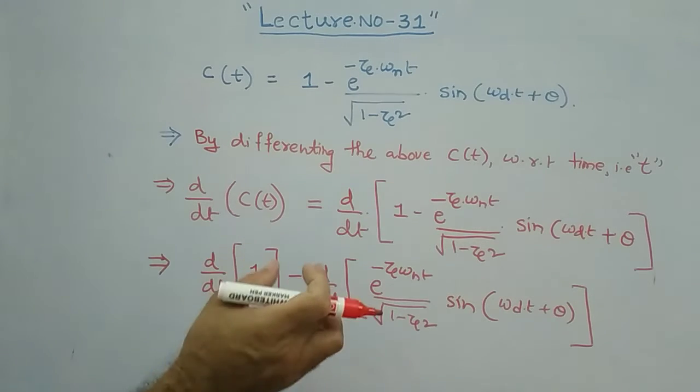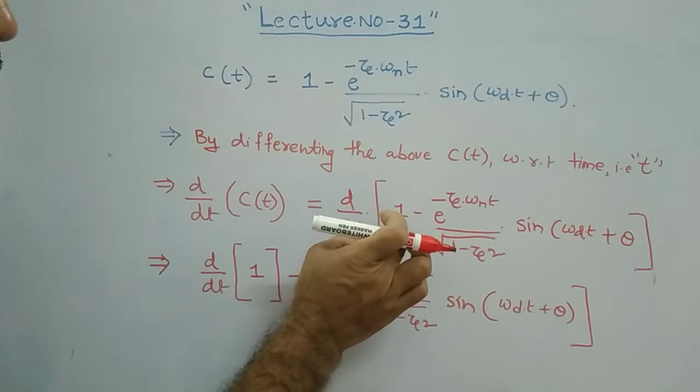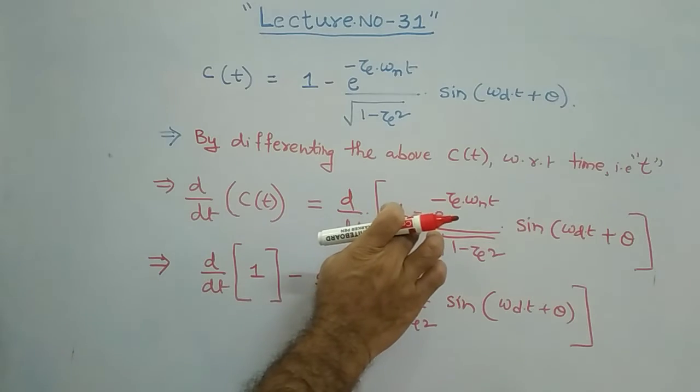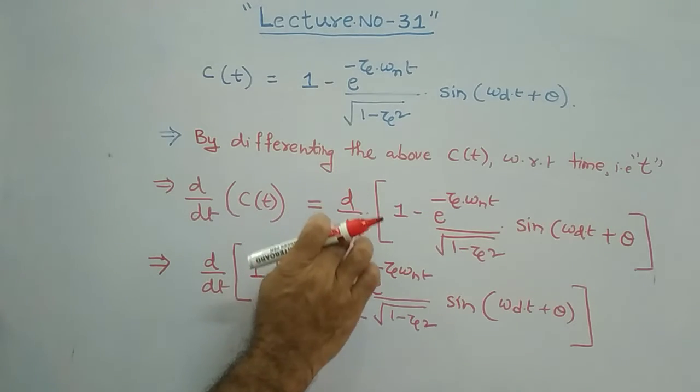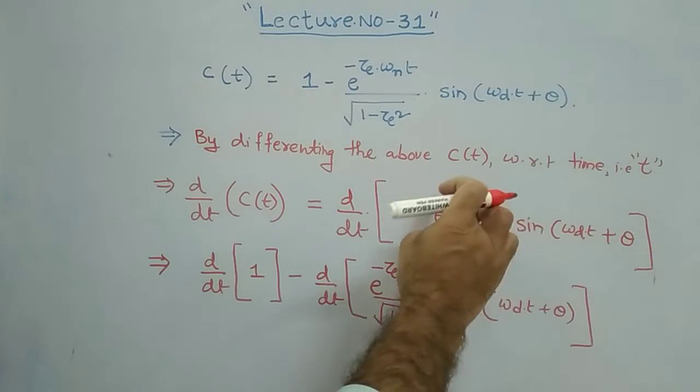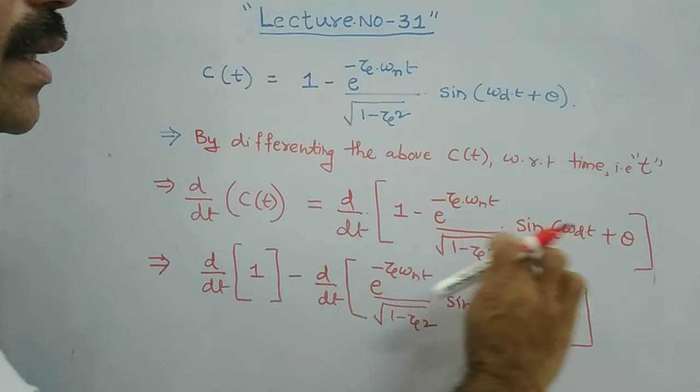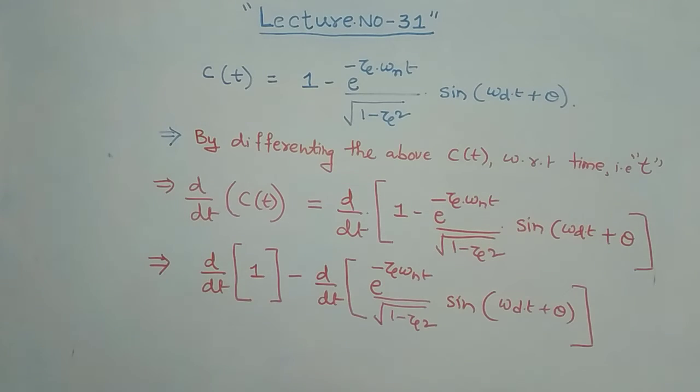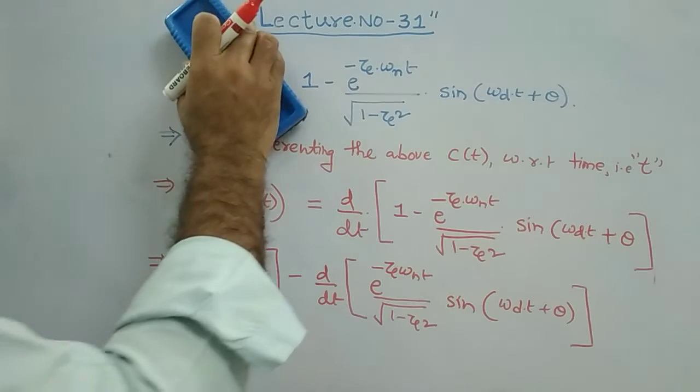Clear? I am expanding d by dt of 1 first, then minus d by dt of the entire second term. Now in the next step I will write that.